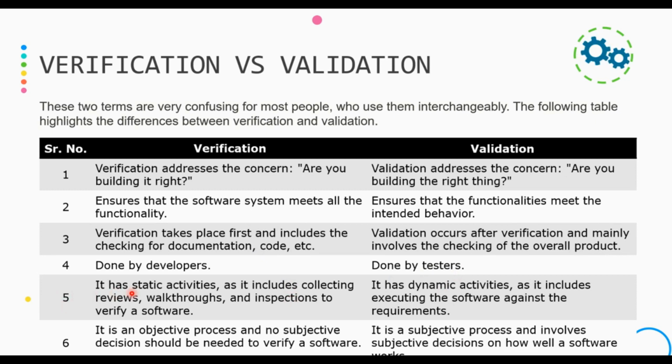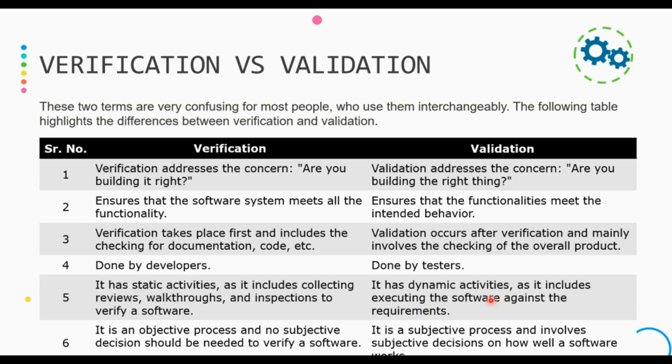Then verification has static activities. Verification is a static activity because there is no automation tool we are using here. It completely depends on reviews, walkthroughs, and inspection to verify the software. It's static because there is no software interaction, nothing happens like putting in a report and getting output.